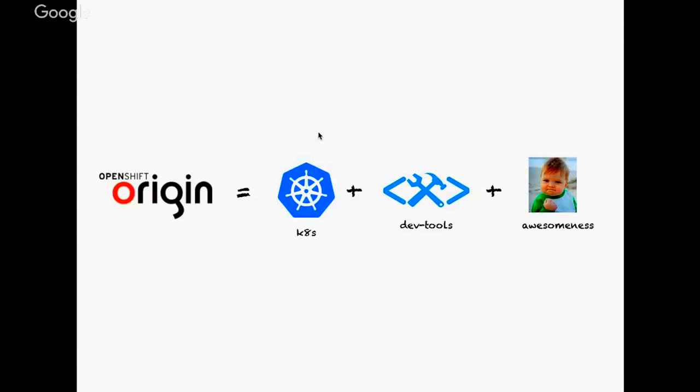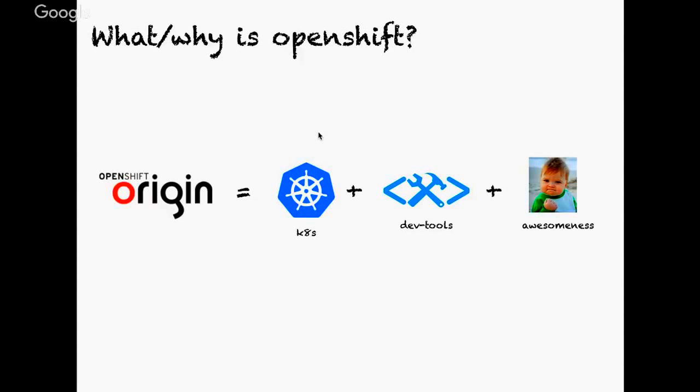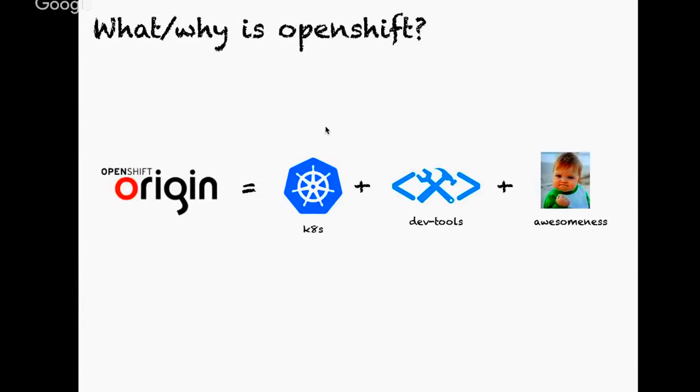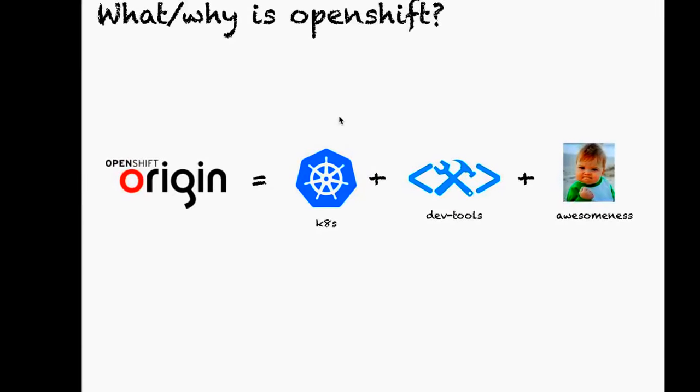Kubernetes is mainly focused on operations, while OpenShift is focused on operations and developers. That's the reason we want to use OpenShift for this. With that, that's all I have on the intros. Let's get into the demo part, the Spring Boot part.